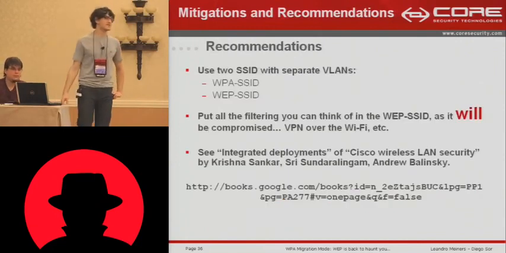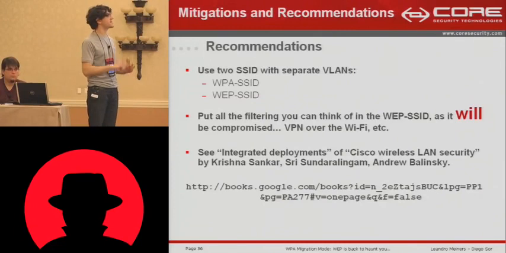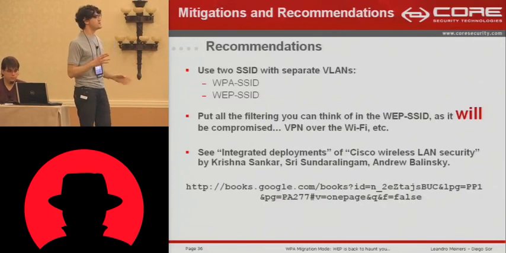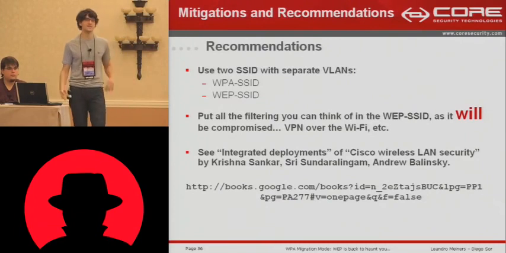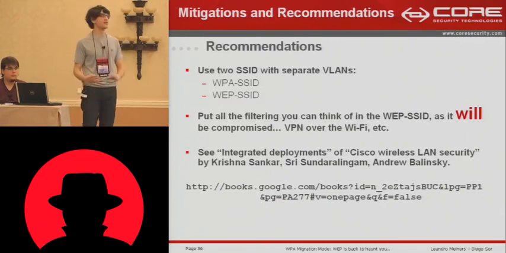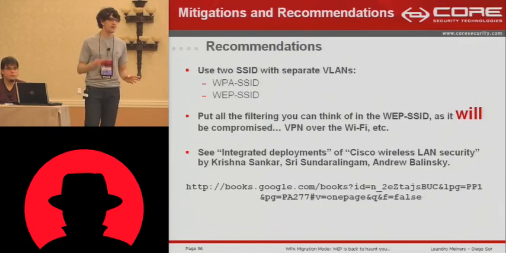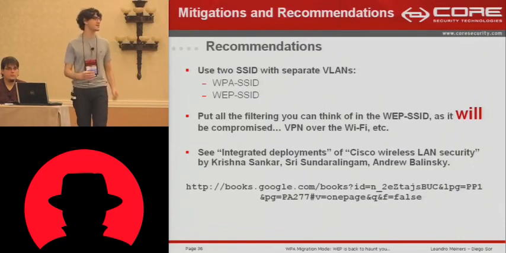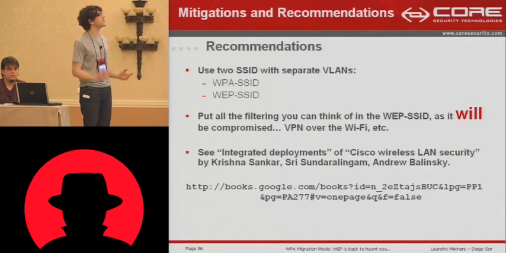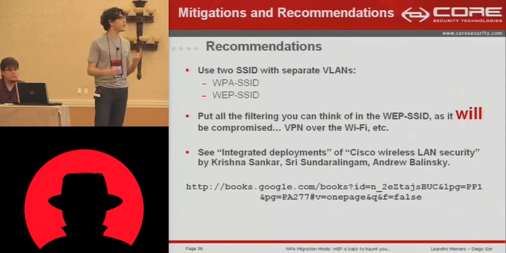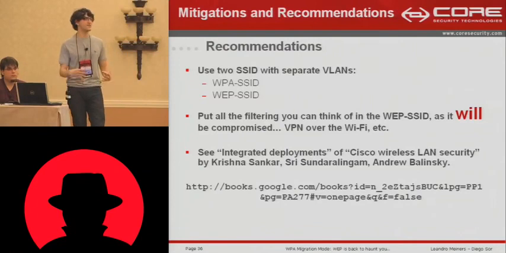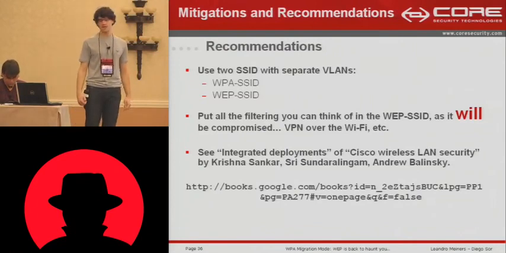And some recommendations. Try to split your AP using two different service set identifiers, one for WPA and the other one for WEP. So you can put all the filtering and all the access control you need between those VLANs. This is much more secure than the first option, which is one SSID using both encryptions.